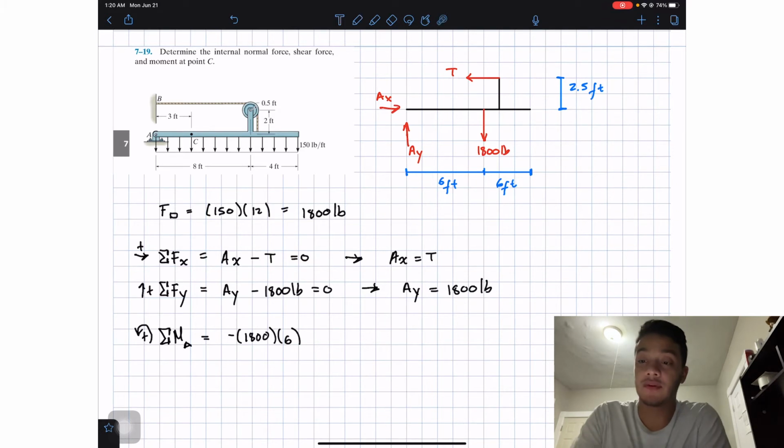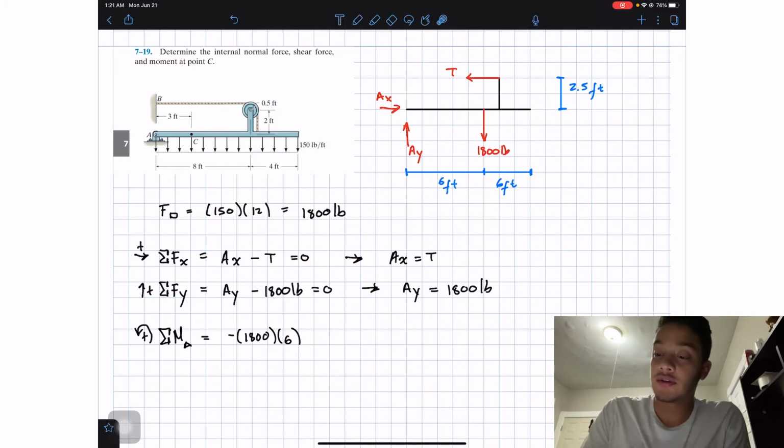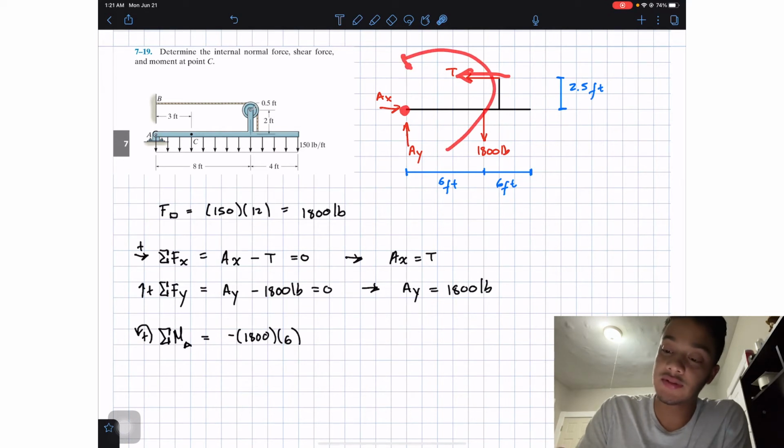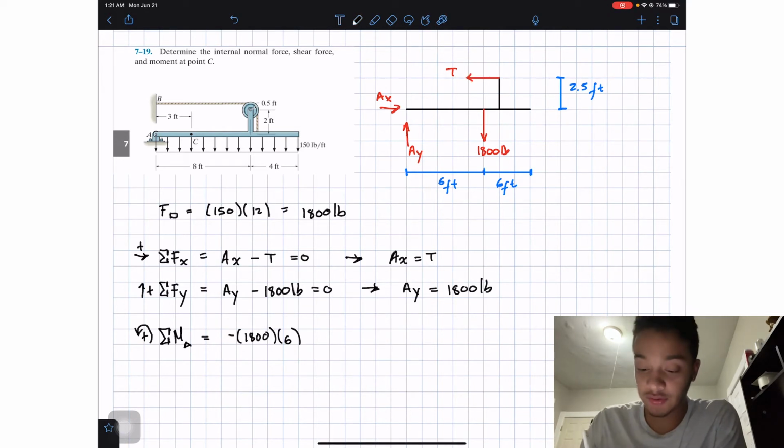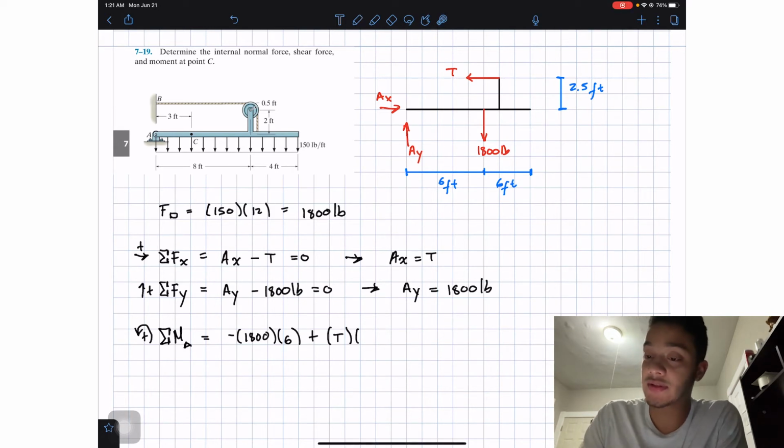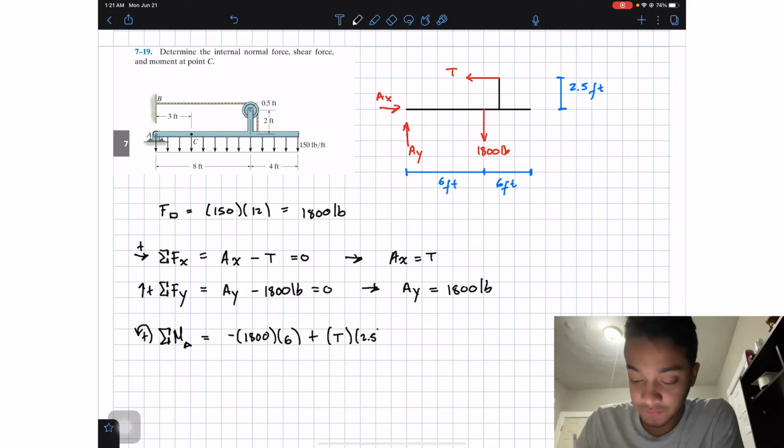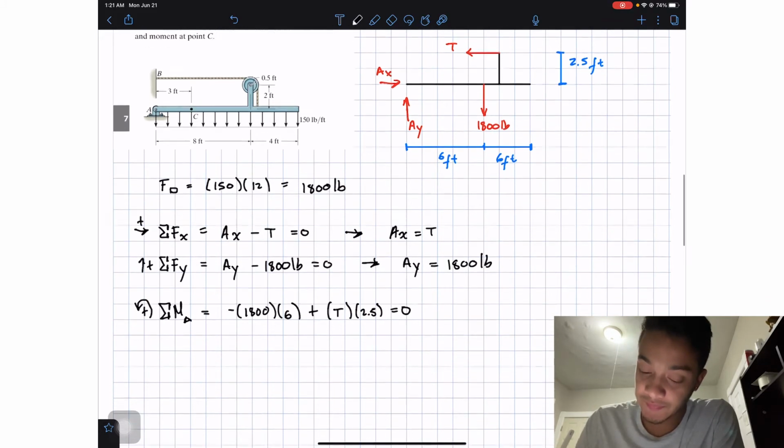Then we have the unknown T, and this force wants to rotate counterclockwise, so we have positive T multiplied by the distance, which is 2.5, and this should be equal to 0.